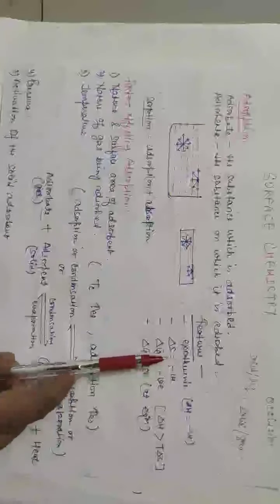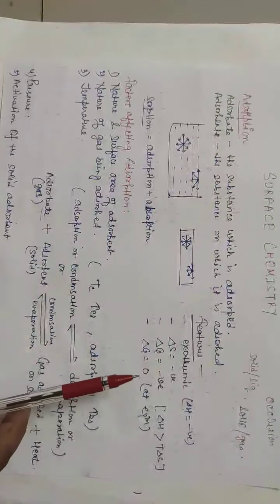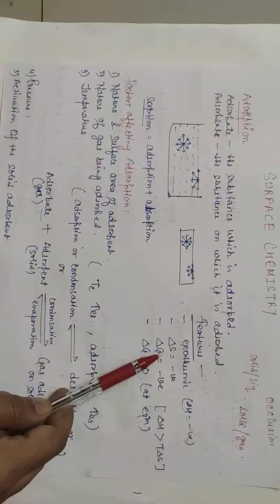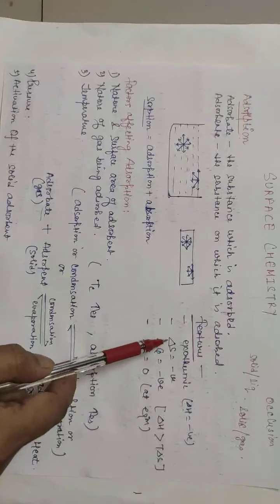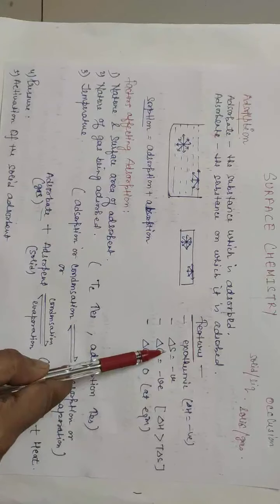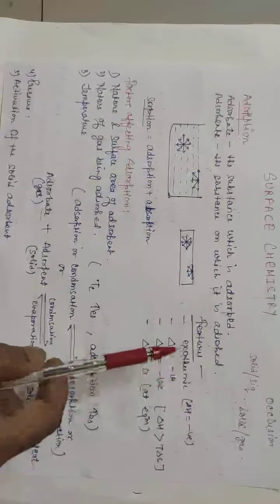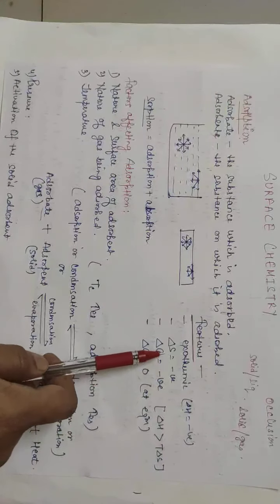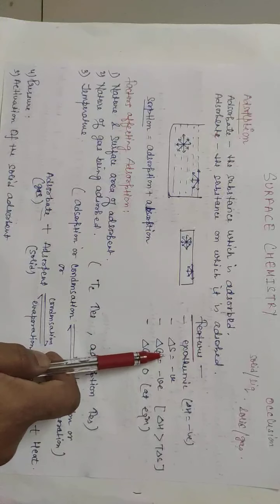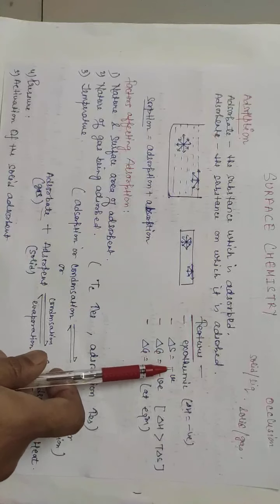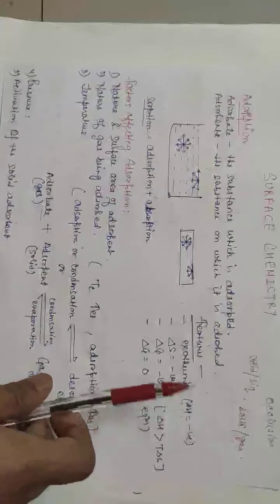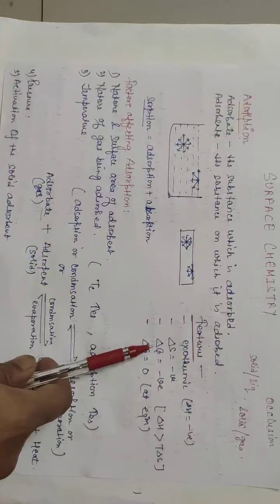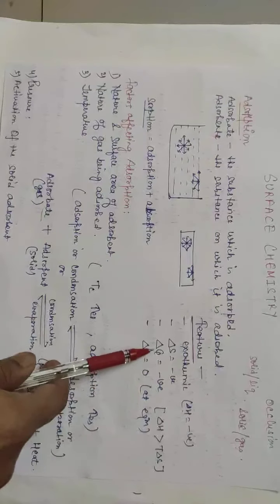The molecules of the adsorbate are held on the solid adsorbent. Since they are held at the adsorbent surface, delta S, that is entropy, also decreases. Randomness decreases. Now you know that delta G is equal to delta H minus T delta S. For the process to be spontaneous, delta G must be negative.